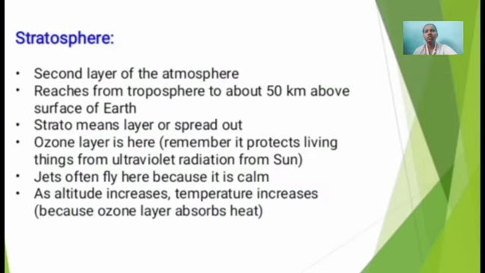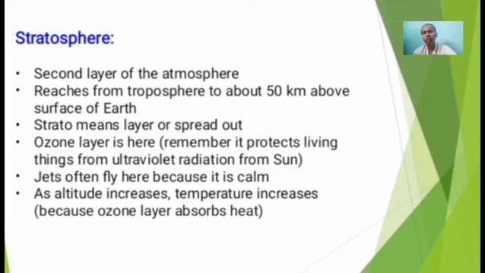The next layer is the stratosphere, which is the second major layer of the atmosphere. It extends upward from the troposphere up to 50 kilometers above the Earth's surface. The word strato means layer or spread out, and that perfectly describes its structure. One of the most important features of the stratosphere is the ozone layer, which protects living organisms by absorbing harmful ultraviolet radiation from the sun.